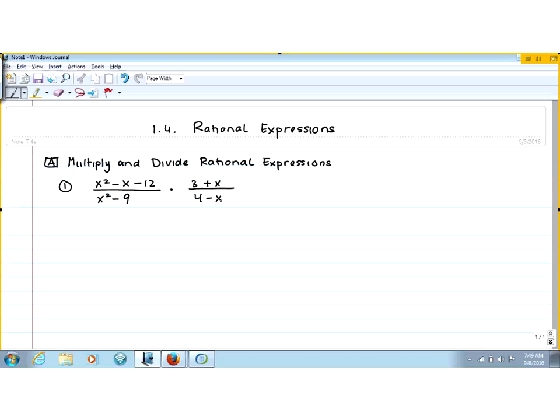So I will just do one multiplication and one division. And then we have 4y squared minus 9 divided by 2y squared plus 9y minus 18, divided by 2y squared plus y minus 3 over y squared plus 5y minus 6.